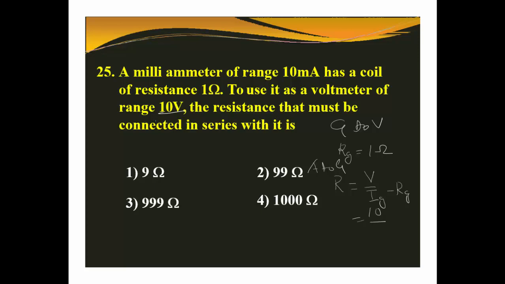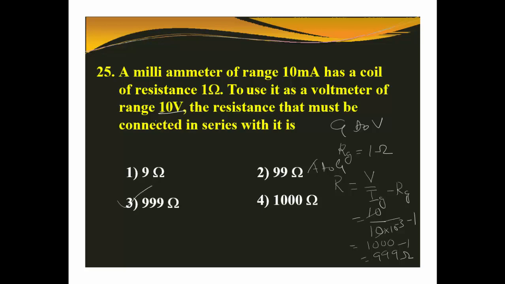Ig is 10 milliampere, that is 10 into 10 raised to minus 3, minus 1. 10 by 10 cancels, 10 raised to minus 3 goes up, it becomes 1000 minus 1, which is 999 ohm connected in series. The correct option is 3.